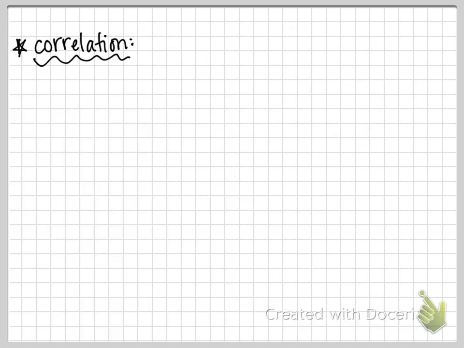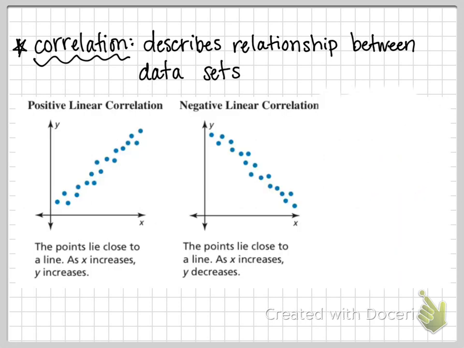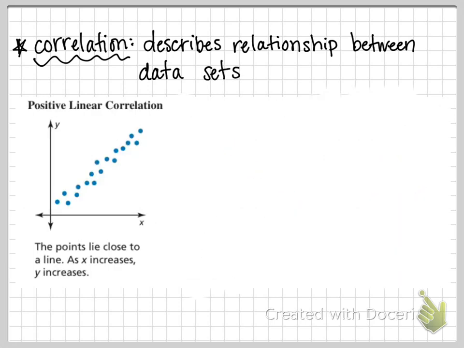Okay, vocab word, correlation, describes the relationship between the data sets. If we start here, that's what we just saw, right? Those had a positive linear correlation. As x increased, as our sugar increased, y also increased.